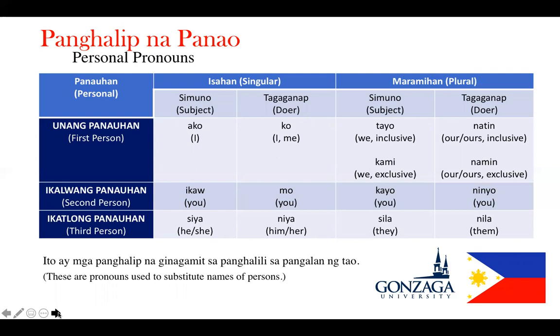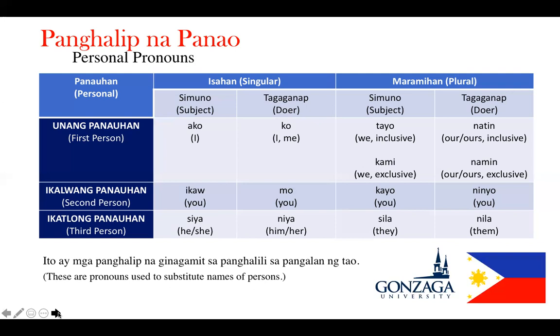Ikalawang panauhan, second person. Ikatlong panauhan, third person. Okay? Now, you also know that in a sentence, a pronoun may function either as a subject that is being talked about or a subject as a doer.